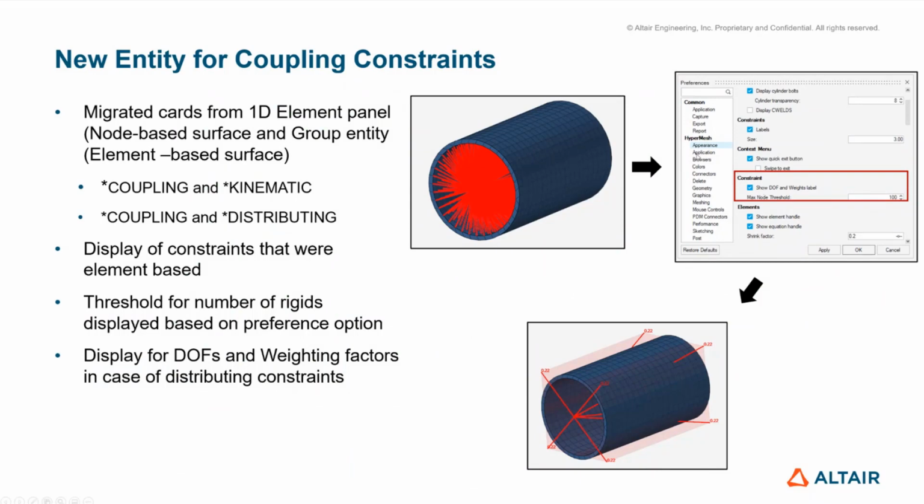In the preferential setting under appearance, you should be able to set the threshold level. So when the number of nodes, or I would rather say not nodes, the links, when the number of links is too cluttered and you want to have a more clear view, you can set the threshold level to a lower one.